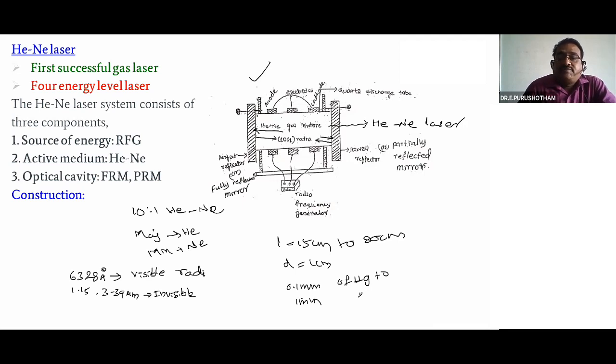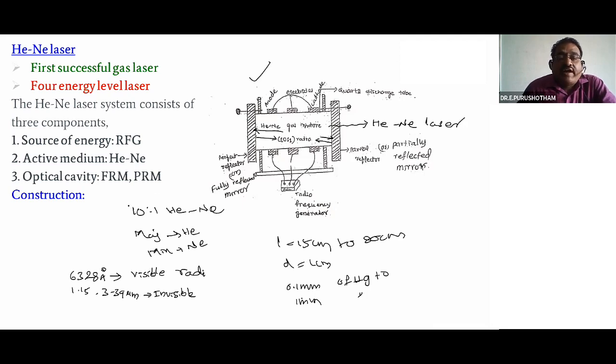The left side of the quartz tube is connected to the fully reflected mirror, and the right side to the partially reflected mirror. The tube is filled with helium neon gas mixture at a pressure of 0.1 mm of Hg to 1 mm of Hg.